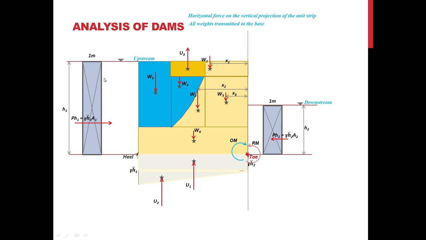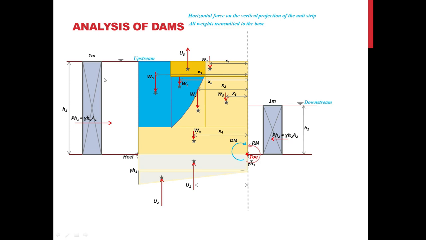Likewise for W3, W4, W5, and W6. So note here that those distances are measured from the center of gravity of these composite areas up to the toe.